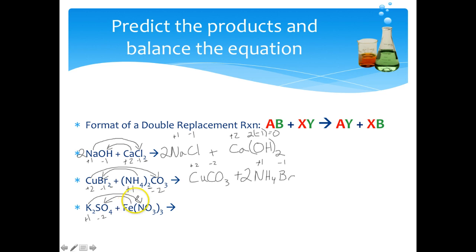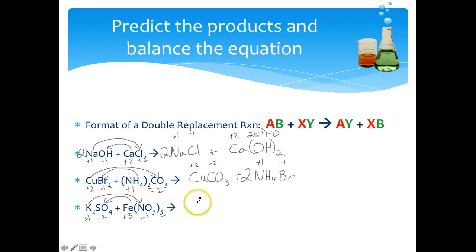Iron, transition metal. Do the -1 first. Nitrate is a -1, but there's 3 of them. 3 times a -1 is -3. So therefore, iron must be a +3 because all compounds must follow the rule of 0. I can't say that enough.